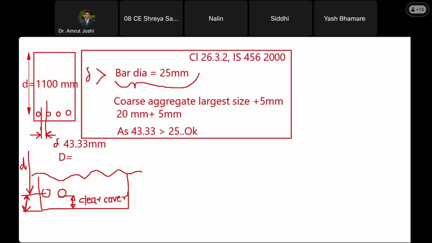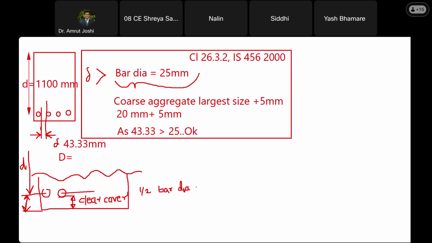One minute. The distance between the center of the bar till the bottom face of the bar. Are you with me? Yes, sir. So that is how much? Half the bar diameter, isn't it? Yes.